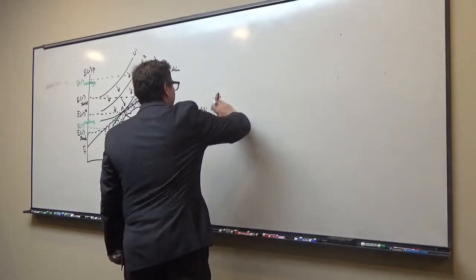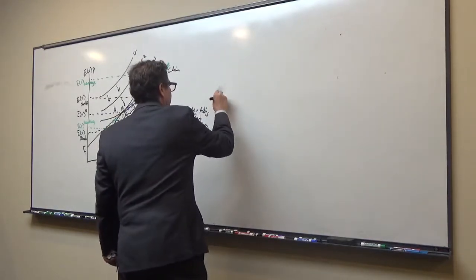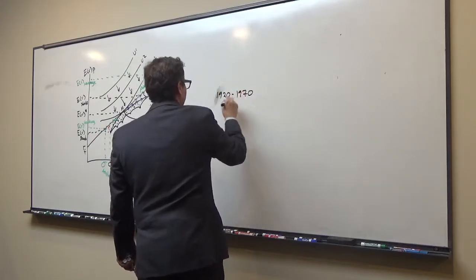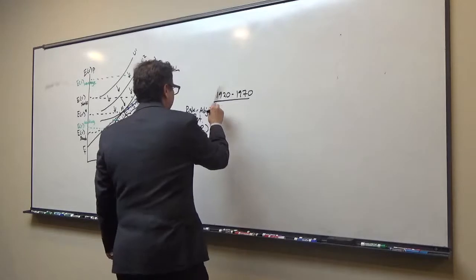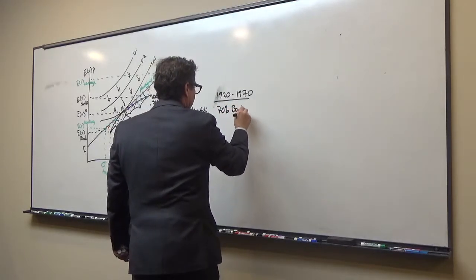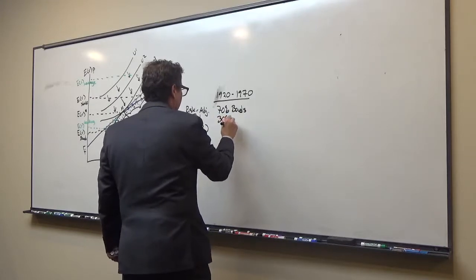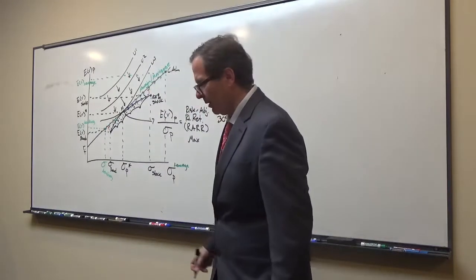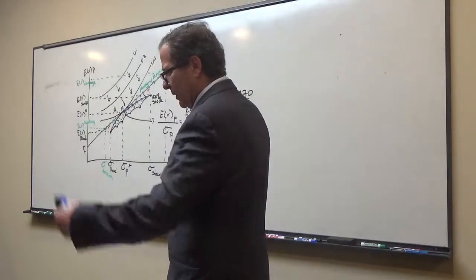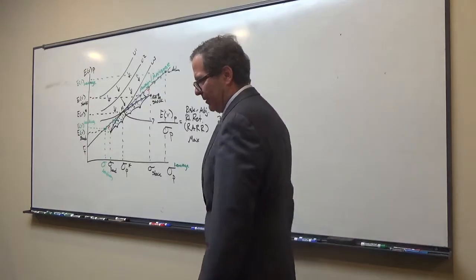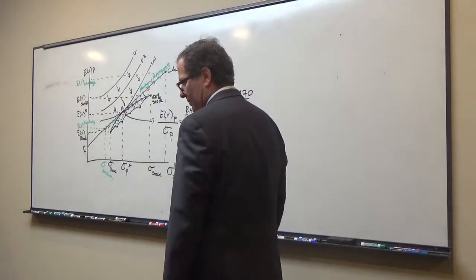And I would say from 1920 to 1970, it was basically 70% bonds and 30% stock. So if I was an investment advisor or a stockbroker, there was really nothing I could put my clients in except for stocks and bonds, and this was the allocation for risk-averse investors.